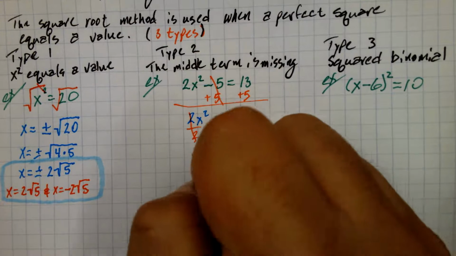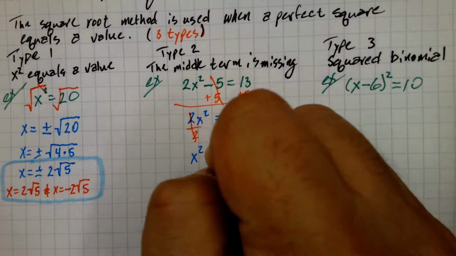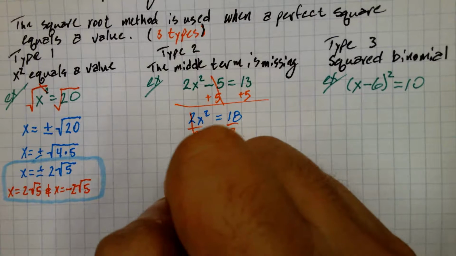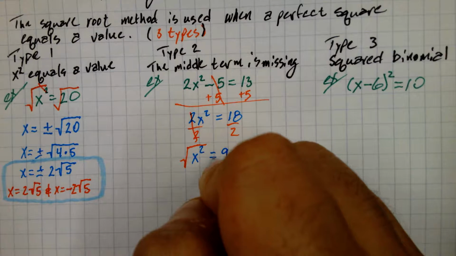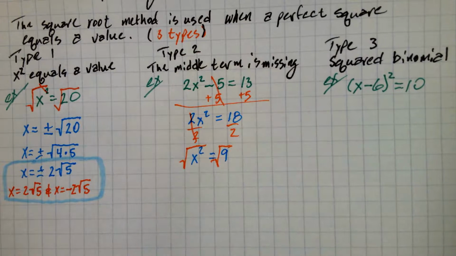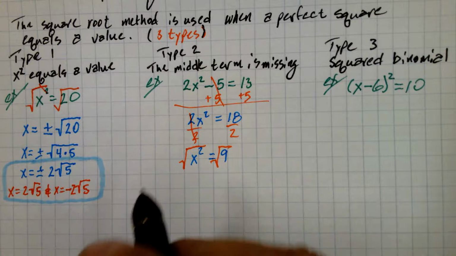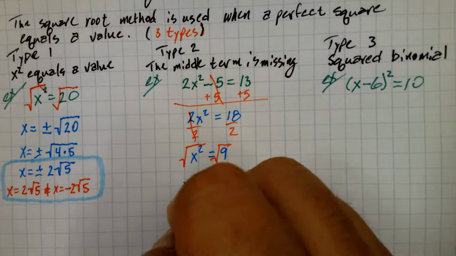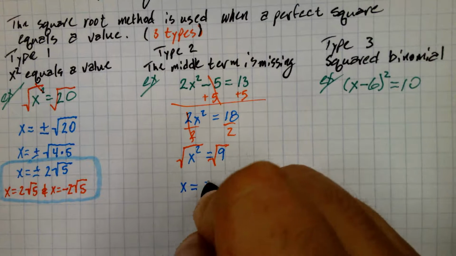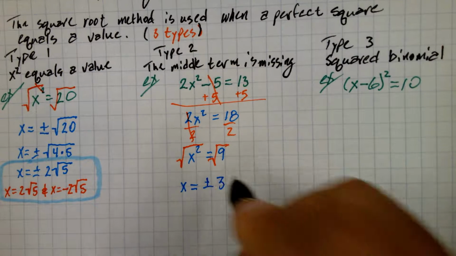X squared equals 9. Now just take the square root of this. What am I going to get? That's just one answer. You could say 3 and negative 3, or if you're kind of lazy like me, plus minus 3.